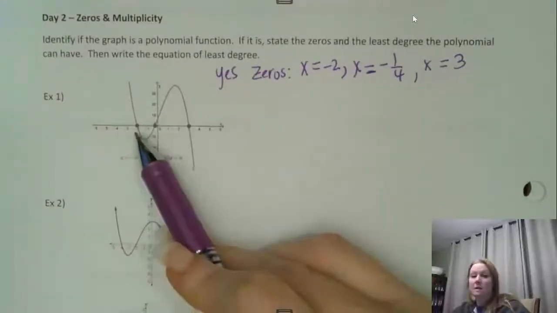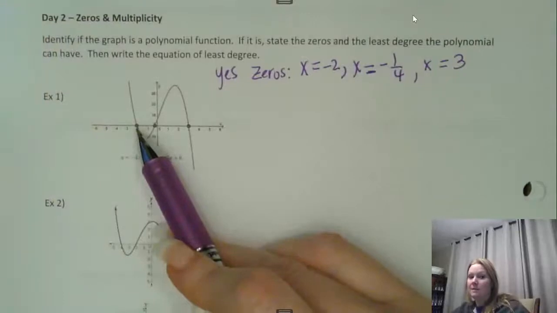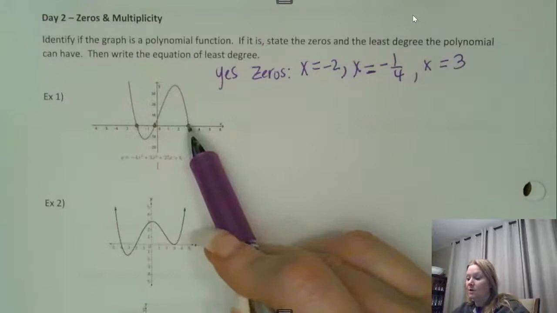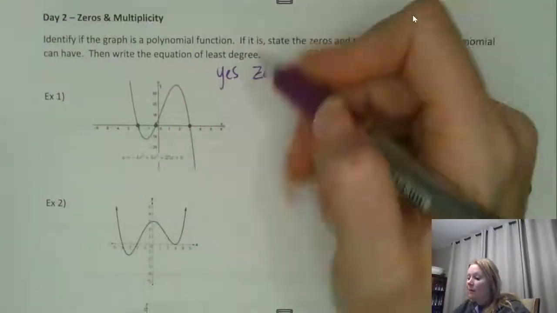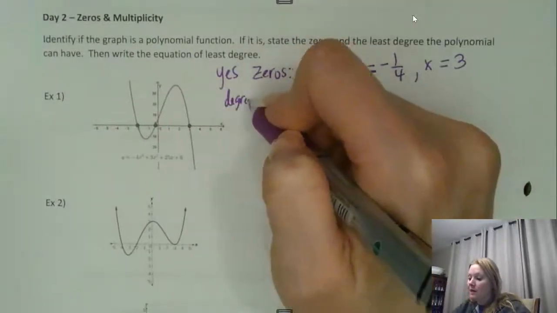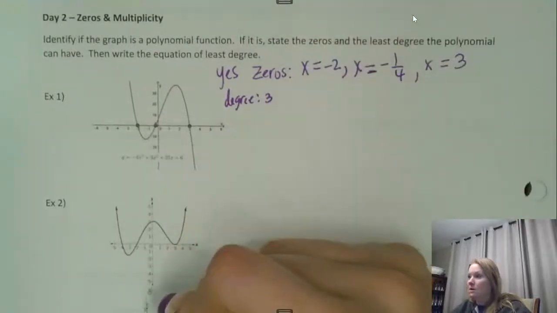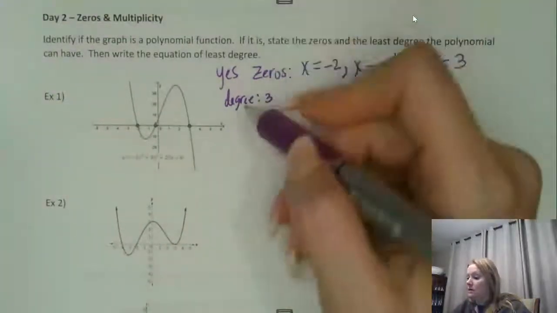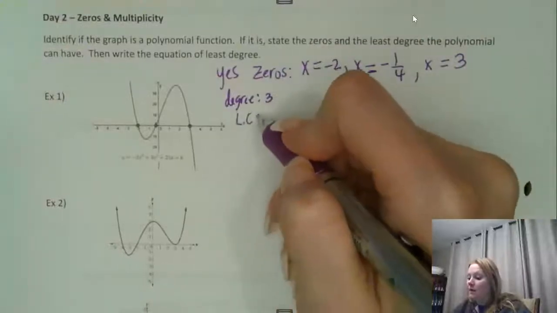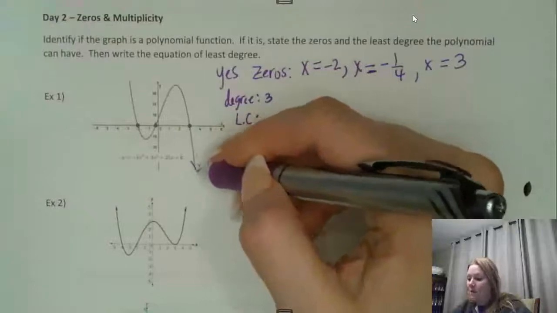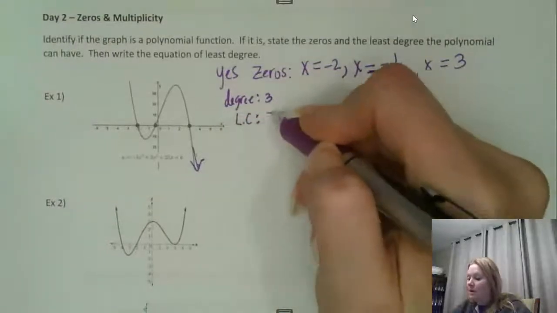So the least amount of times this zero can occur is once. Same thing with this, same thing with this. So that would mean we would have a degree of 3. 1, 2, 3. They each occur once. There's 3 zeros.